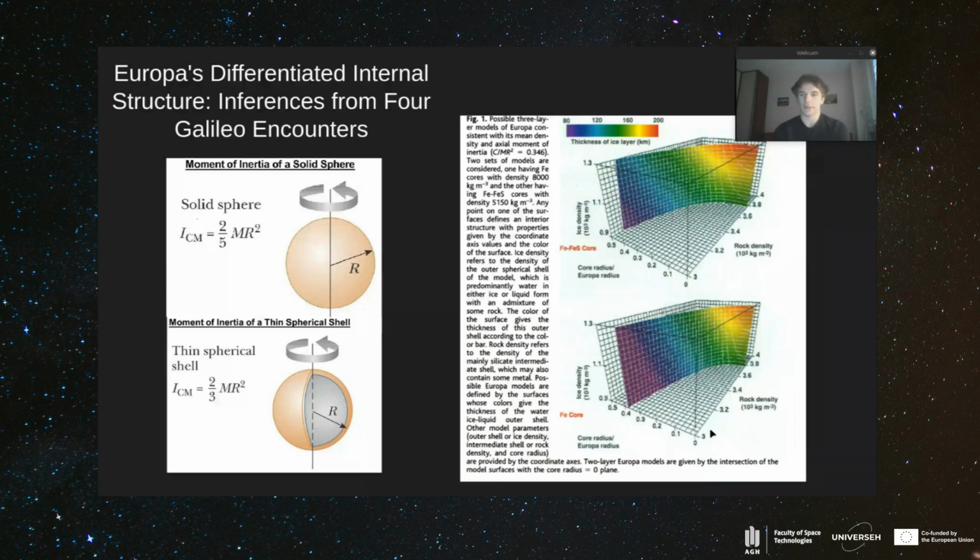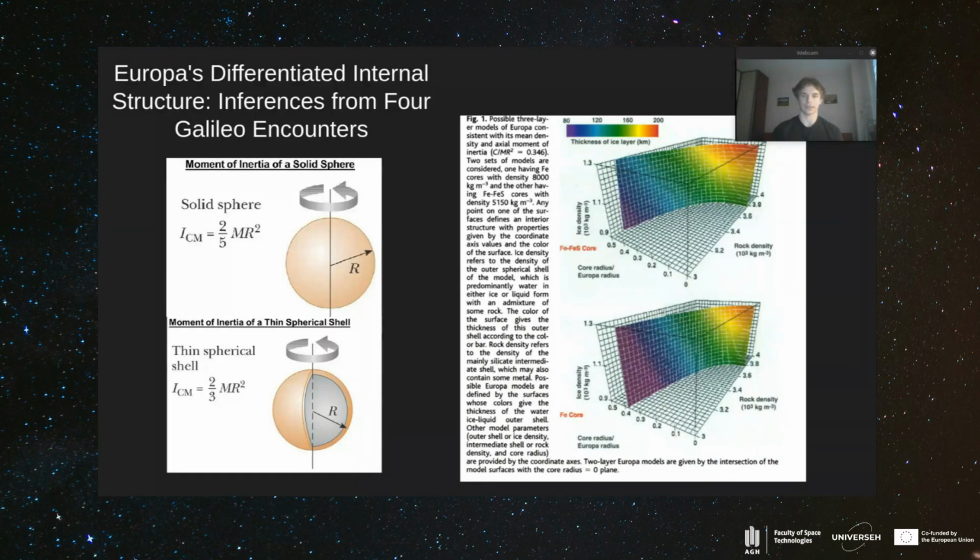And you can see that if we increase the rock density, so the density of the mantle, we would increase the core radius to Europa radius ratio, because we expect the core radius to be almost half of the total Europa radius. And if we increase ice density, those models show that the thickness of the ice layer also has to increase to compensate.